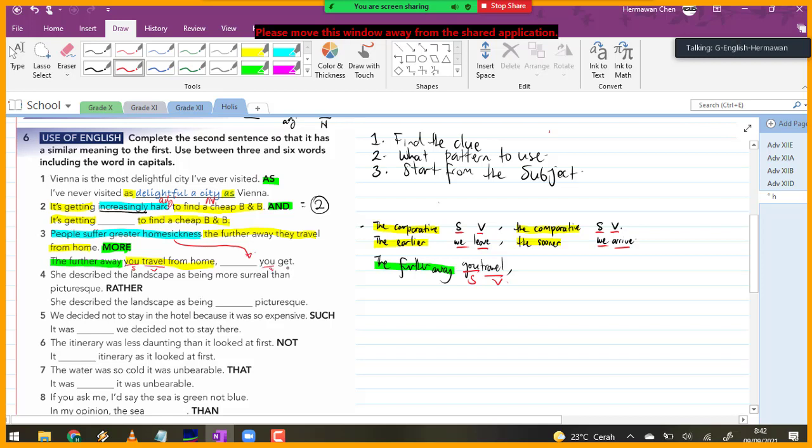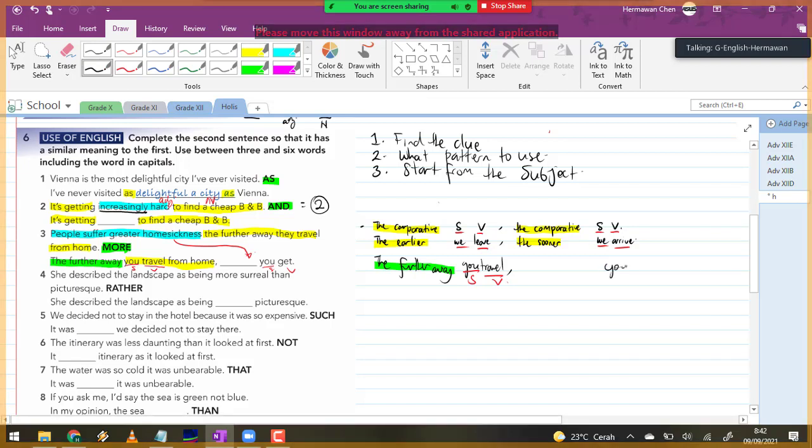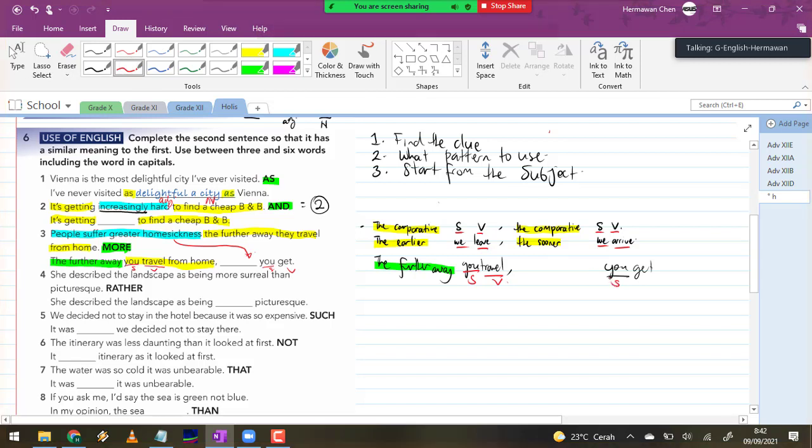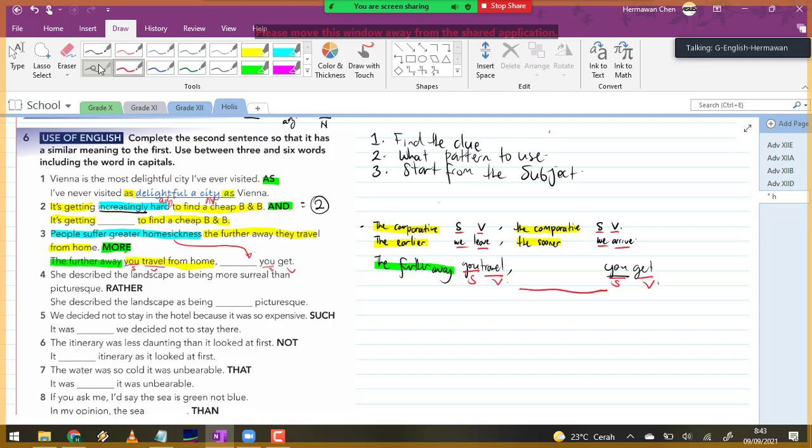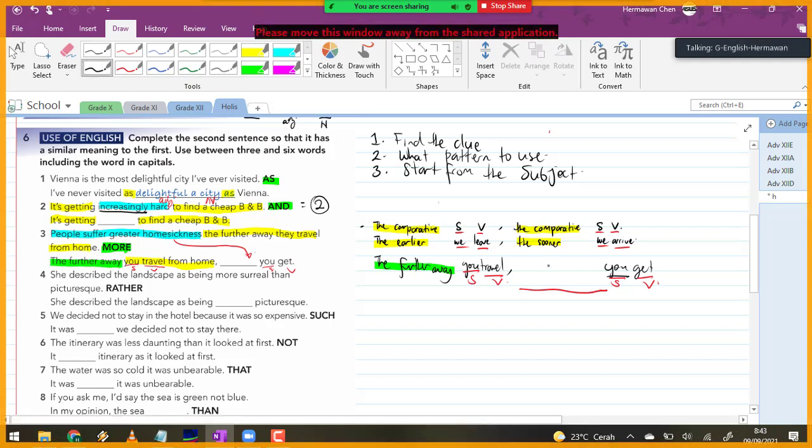Guys, subject verb has been given. Let's put it here. You get. That's the subject and also the verb. It means the comparative is missing. Your job is to put the comparative in the blank. People suffer greater homesickness. What is the comparative that we have to use?